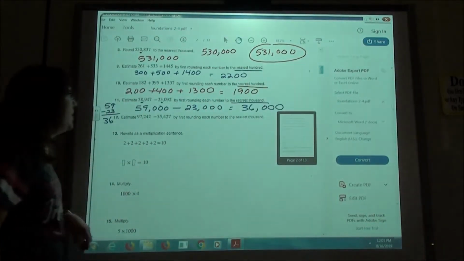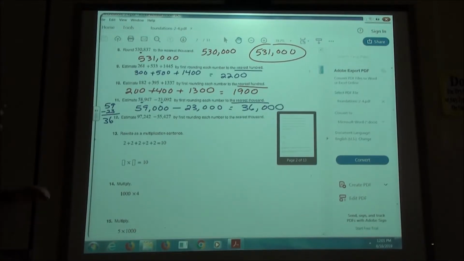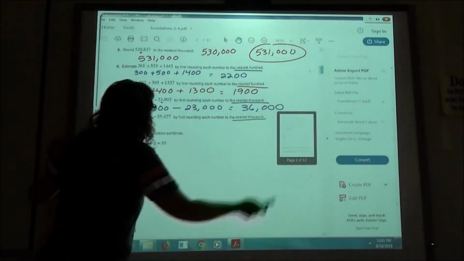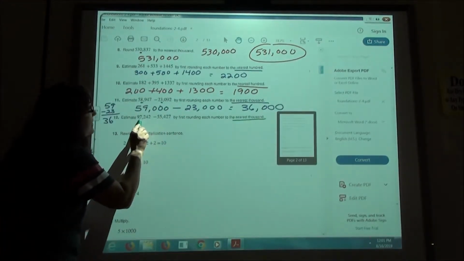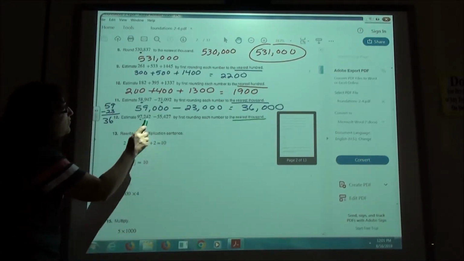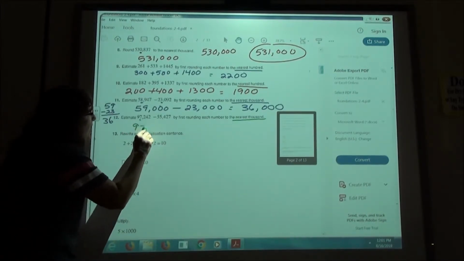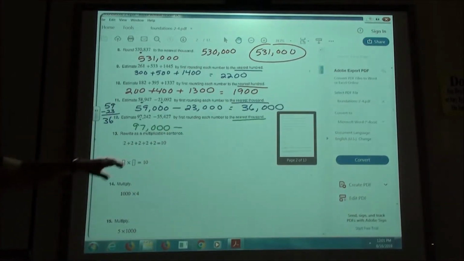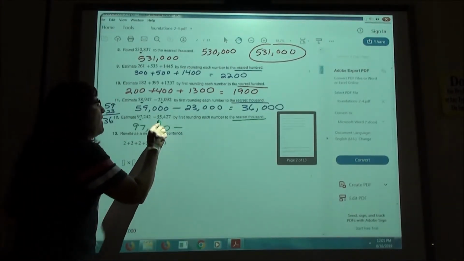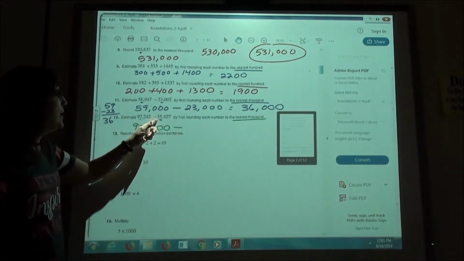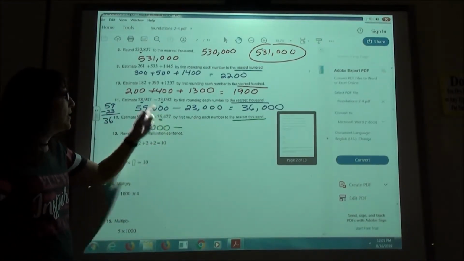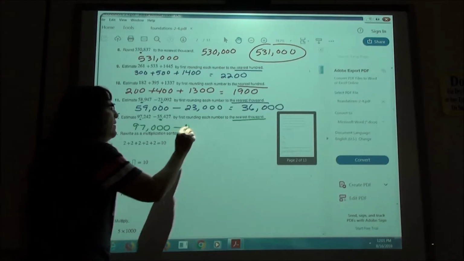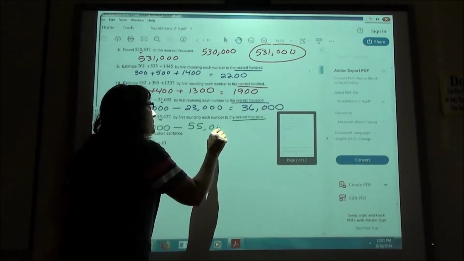The next one, again, we're doing another subtraction. We are going to round to the nearest 1,000. So in this case, the 7 is in the 1,000 spot. It's followed by a 2, so we're going to leave that at 97,000. We're subtracting on this one. The 5 is in the 1,000 spot. It's followed by a 4, so again, we're going to just leave that alone. 55,000.